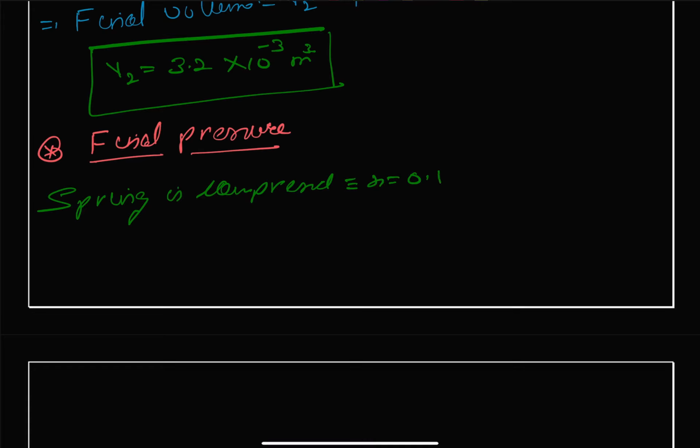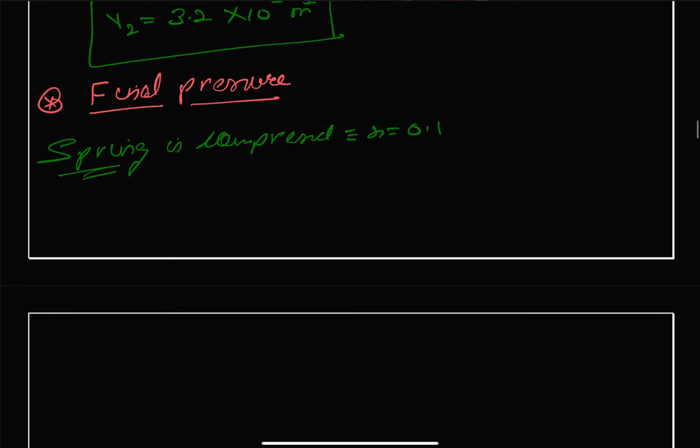Therefore, spring force is equal to the constant multiplied by X. This is 8000 times 0.1, giving us 800 Newton.